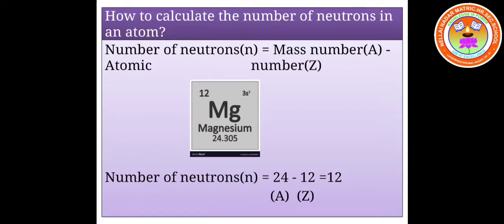Here, how to calculate the number of neutrons present in an atom? The number of neutrons present in an atom is given by the formula mass number minus atomic number.